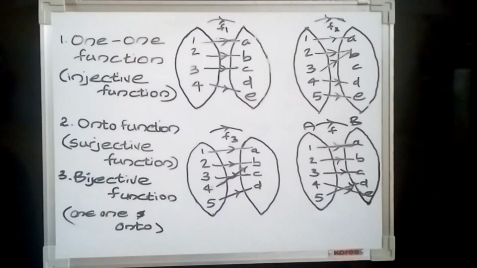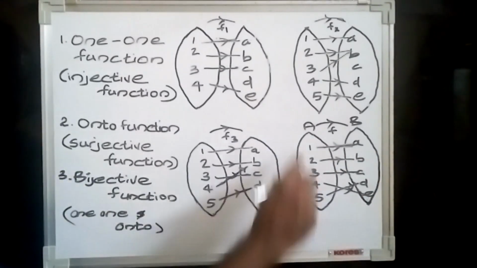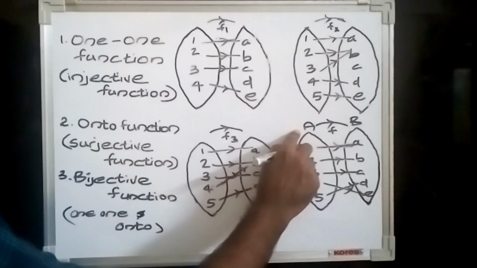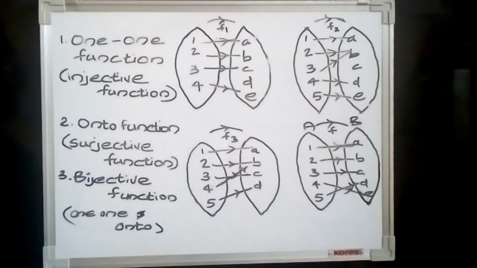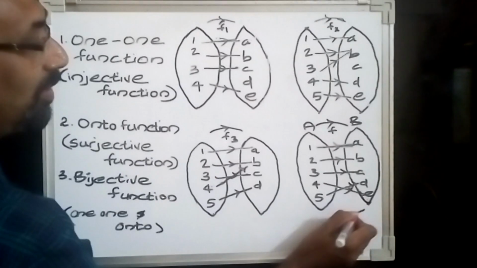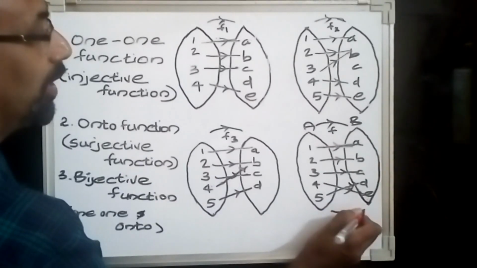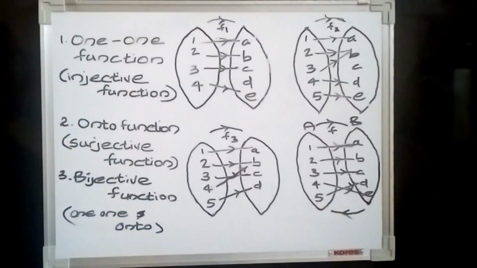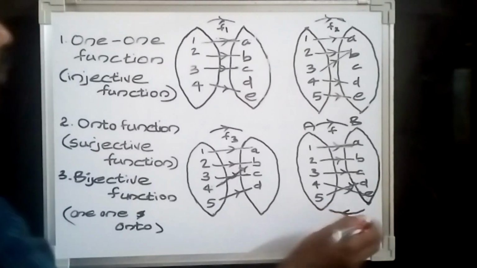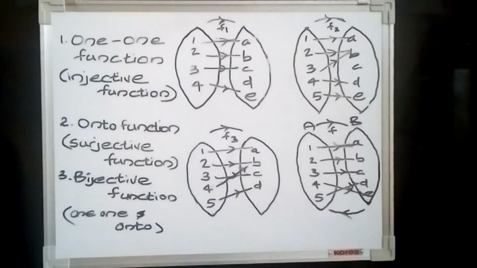The importance of a bijective function is that if there exists a function from A to B, we can find a reverse function from B to A. Thus, we have to study the three types of functions.